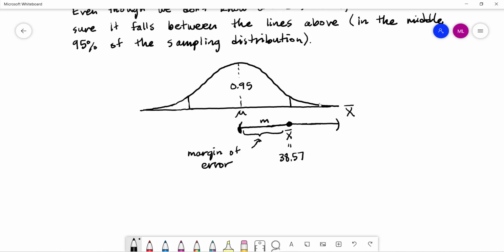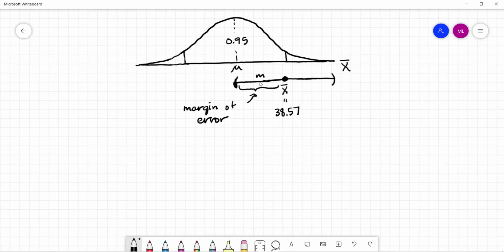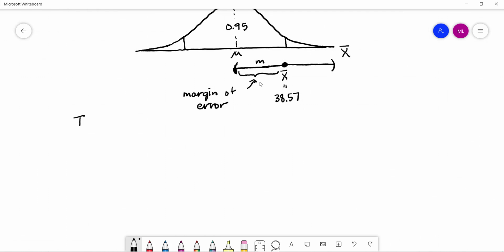And so that's all I need to figure out. I just need to figure out the distance from the center of a curve out to the edge of the 95% of most common values. So the margin of error is the distance. And I put distance because it's a distance visually, but in terms of the actual units we're going to use, it's going to have units of whatever x bar is, in this case years, so age.